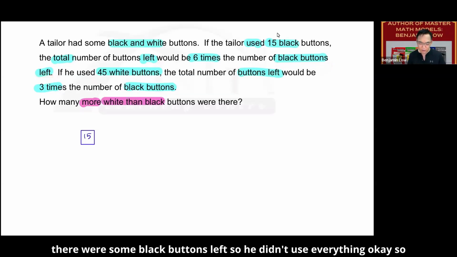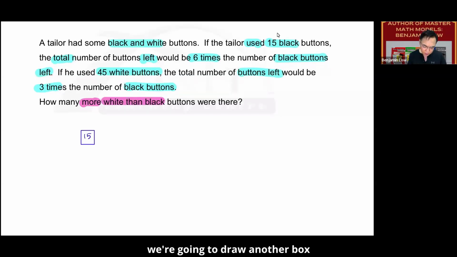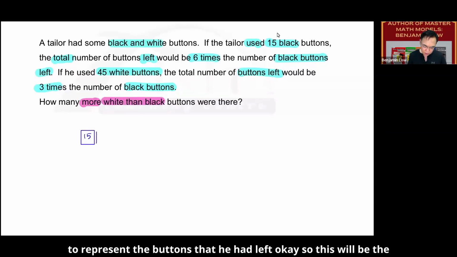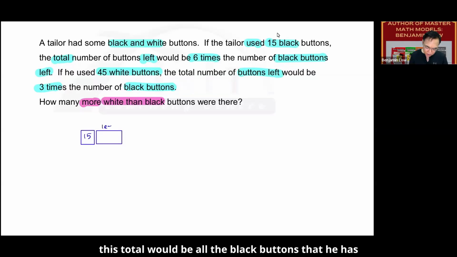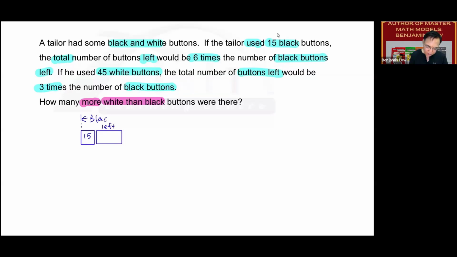So he didn't use everything, okay? So we're going to draw another box to represent the buttons that he had left. Okay, so this will be the black left, and this total would be all the black buttons that he has.